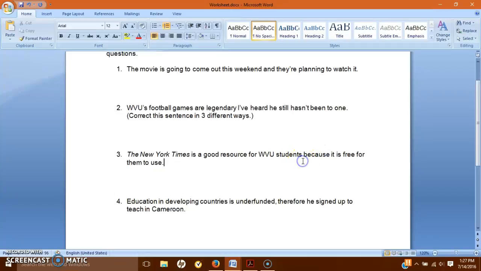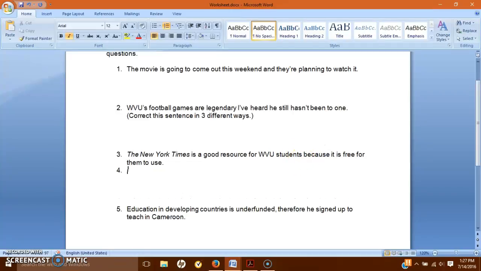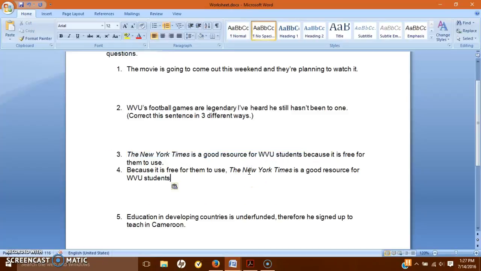It's kind of in a similar way, if we change the sentence around to because it is free for them to use, and then we have this section here. If we can change it around like this, it's a dependent clause is what we would call this.